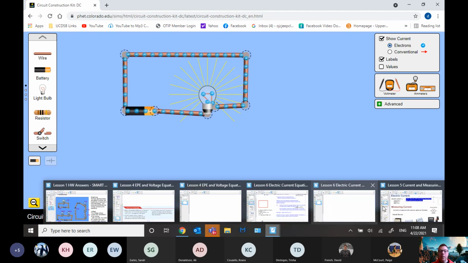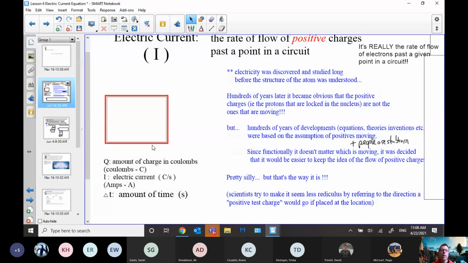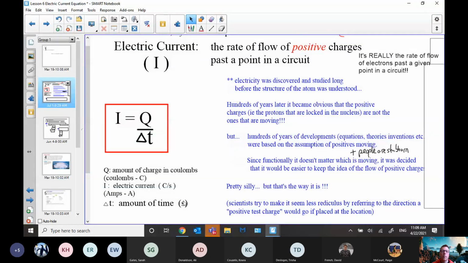So that is a little dose of reality for you, I guess, but it is what it is. Either way, you've got the same equation. We're talking about charges per time going through a circuit, right? It's the same as kilometers per hour. It's kilometers over hours, it's charges over time. Okay, so you've got charge Q over time delta T. So I'll leave that with you for a little bit.